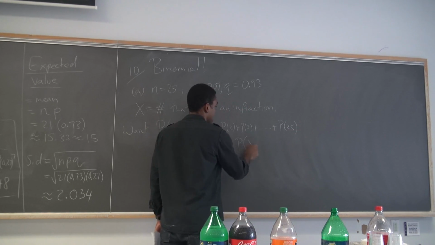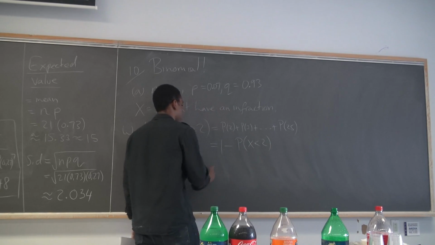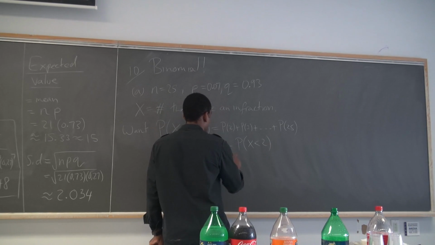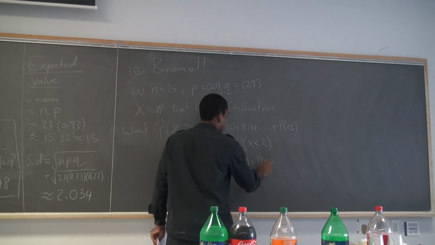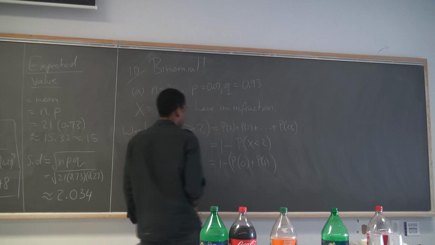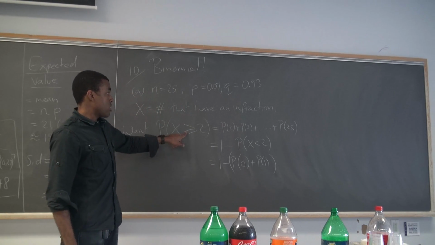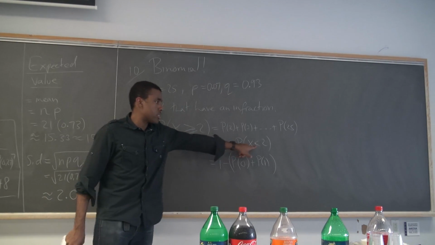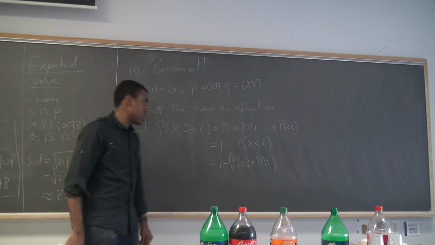It's 1 minus the probability that x is less than 2, which means it's 1 minus the probability P of 0 plus P of 1. No, the opposite of greater than or equal to is strictly less than, right? So it means 1 or less.